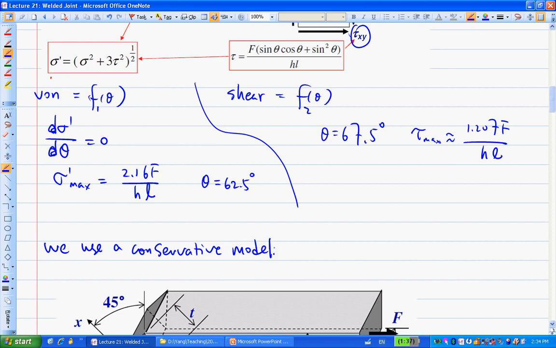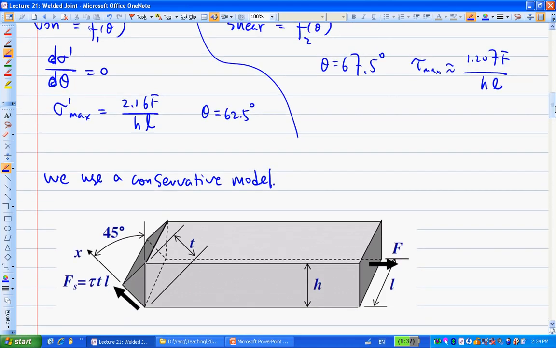So what's this conservative model? We cut it at 45 degrees, basically theta equals 45, and we get rid of the normal force. So we consider there is no Fn there, only one shear force here.